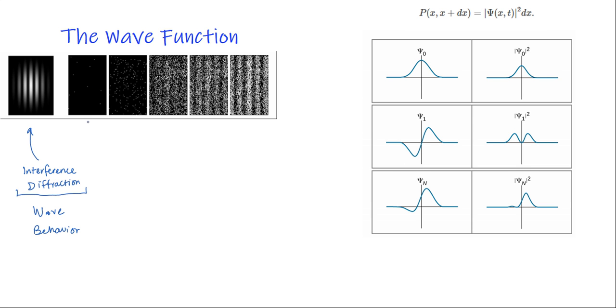So over here we have a series of images that are kind of a time delay. So we have a snapshot over time of what's happening here. And I have a low intensity light that's monochromatic, and it's shining through a double slit.